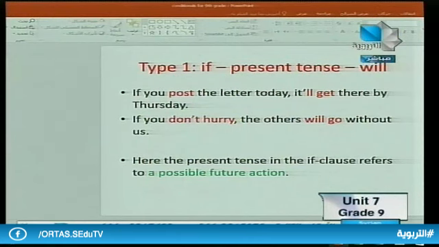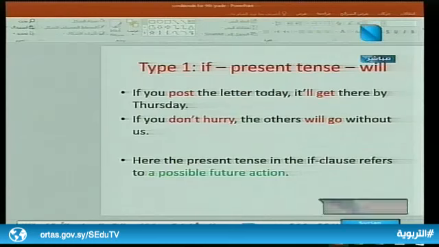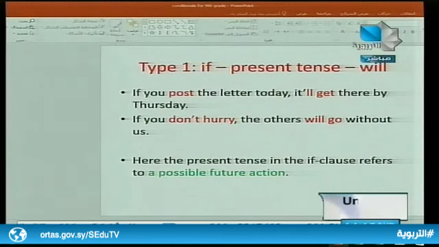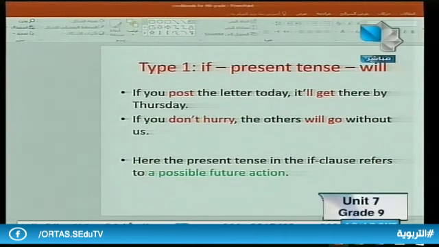So we are here using the present simple, which we use for general facts and for things we do regularly. So we are using it for possible situations or possible things that are going to happen. So when we use type 1 of conditional sentences, the result is possible to happen.